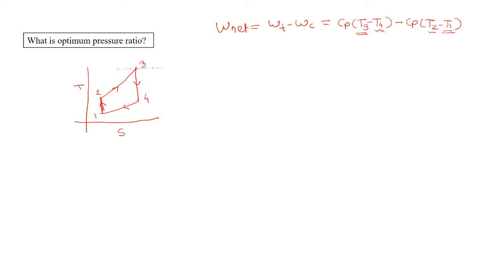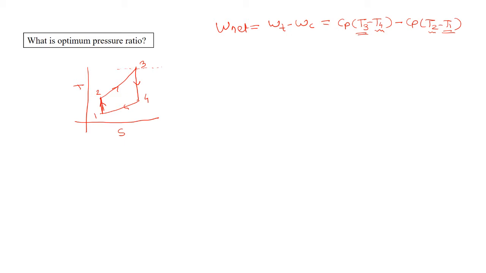If we have a pressure ratio more than that, or lower than that, then W net has a lower value than at this optimum pressure ratio. So the optimum pressure ratio is the pressure ratio at which W net is maximum.